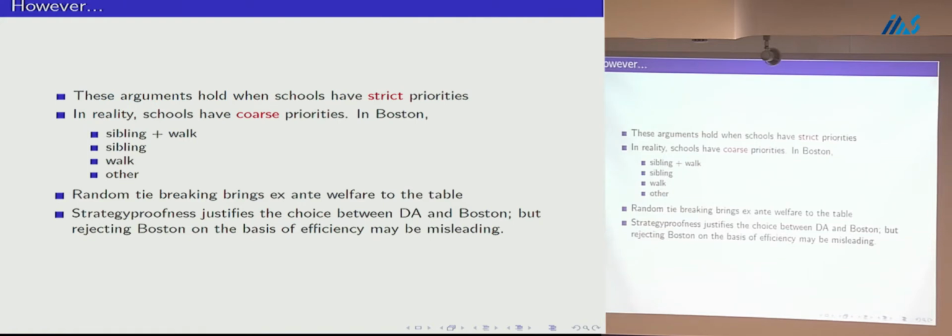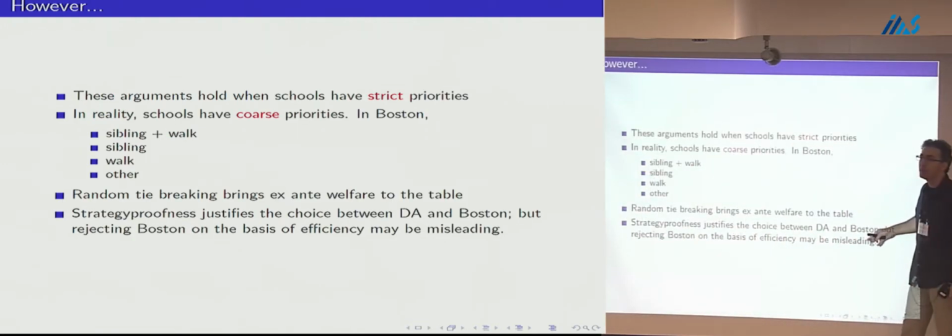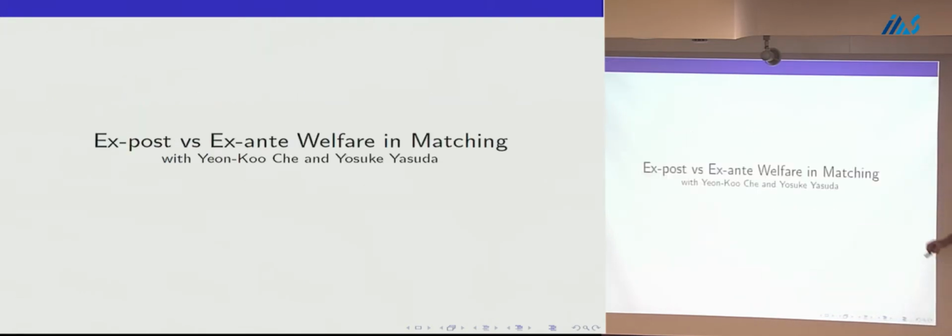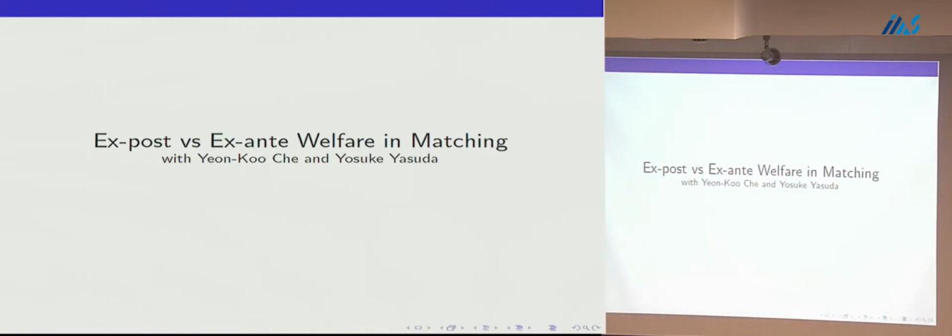And that's what I'm going to talk about later in the afternoon. But rejecting one mechanism based on an ordinal efficiency criterion might be misleading. I'm going to talk about ex post versus ex ante welfare in matching.